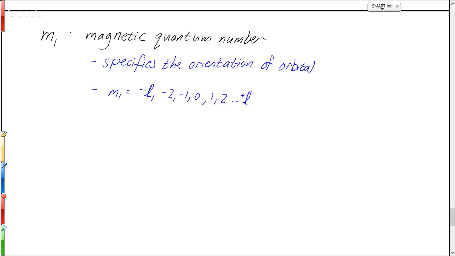And then finally, last one is ms. It's called the spin quantum number, and it can only take two values ever. It's either +1/2 or -1/2.